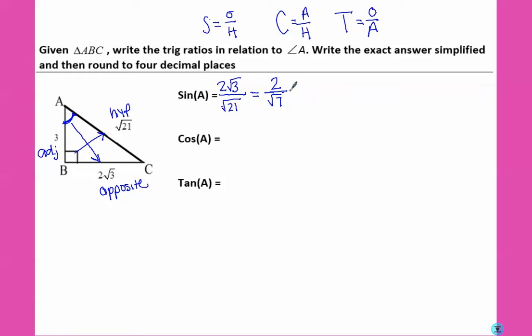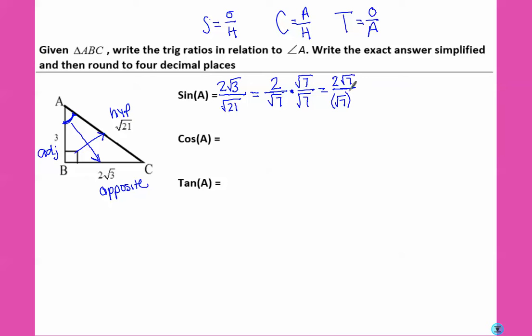But we can't have a square root in the denominator. So we are going to rationalize our denominator by multiplying the top and the bottom by the square root of 7. Because technically, square root of 7 over square root of 7 is just equal to 1. So we'll have 2 square roots of 7 over the square root of 7.